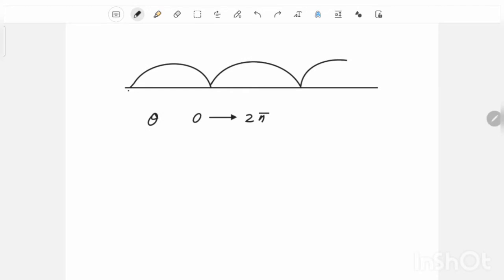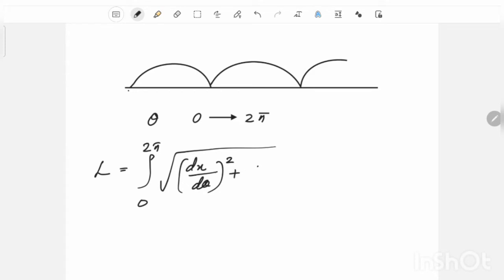So, the length can be calculated by L is equal to the integral from 0 to 2 pi of root of (dx by d theta) the whole square plus (dy by d theta) the whole square d theta. Now we can find dx by d theta and dy by d theta.